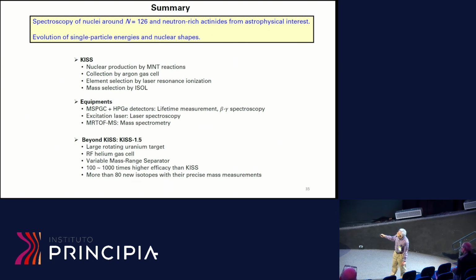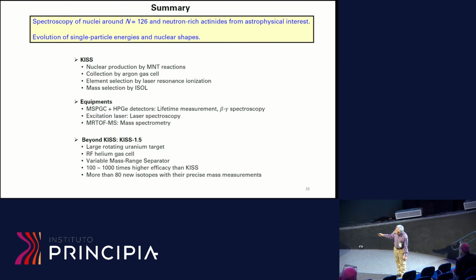So we constructed KISS, where the nuclear production is performed by the multi-nucleon transfer reaction, and the collection is made by the argon gas cell, and element selection and mass selection is possible using laser resonance ionization and ISOL. And we are using the beta counter and gamma counter for lifetime and beta-gamma spectroscopy, and laser spectroscopy and MRTOF for the mass spectroscopy.